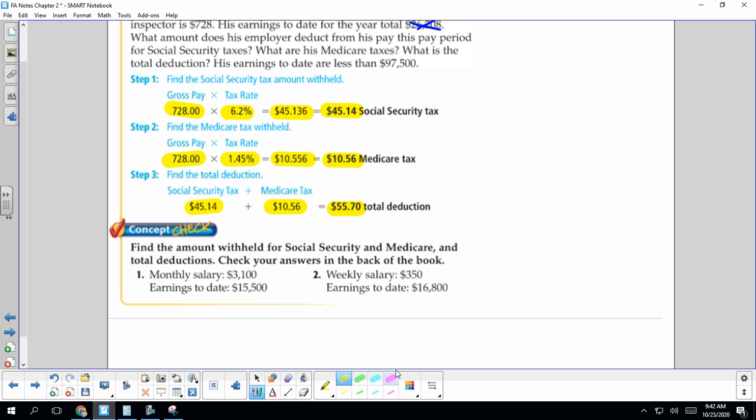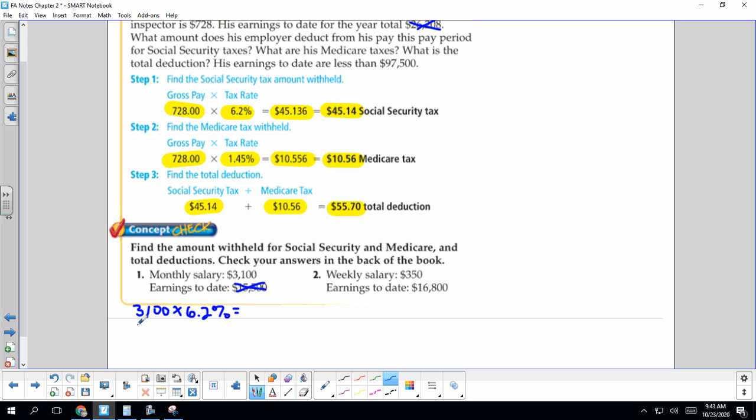So number 1, our monthly salary is $3,100. We have earned 15,500. We are under the 97,500, so we are done using that number. So we go 3,100 times the 6.2%.